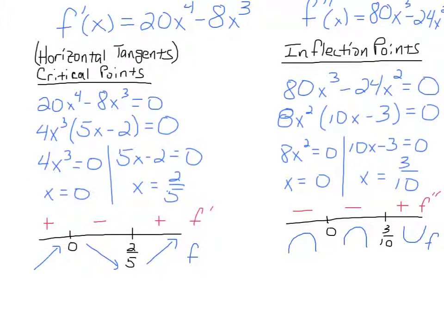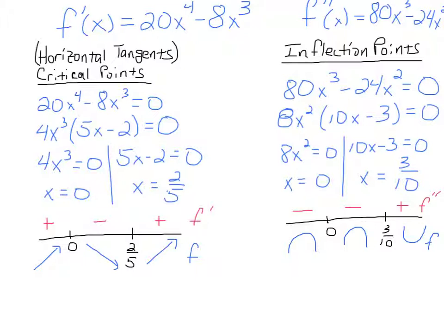All right, and then similarly, we look at the inflection points, and once again, we could do a sign analysis, or you could just simply plot the second derivative. Either way, you'll find that the second derivative is negative to the left of 0. It's negative between 0 and 3/10, and it's positive to the right of 3/10.